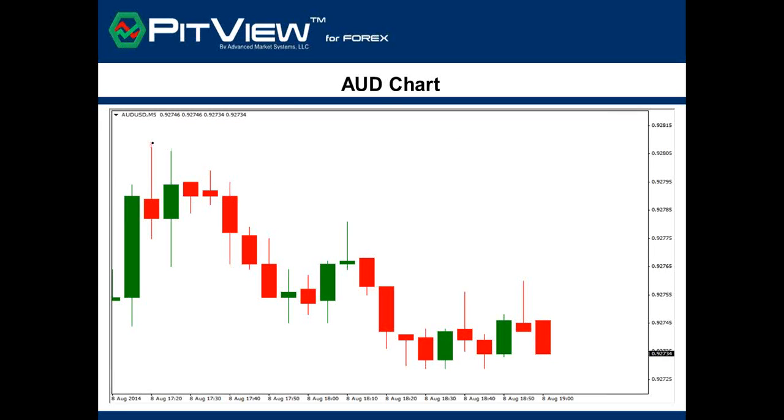One of the benefits of PitView is that you can clearly see during this time on the Aussie US dollar, and I'm looking at more of a short term over that 4-hour period, that the Aussie is making lower highs and lower lows. If you were a trader and you see that the Aussie is very well offered against the dollar, when this goes down, it means Aussie's getting weak and the dollar's getting strong.